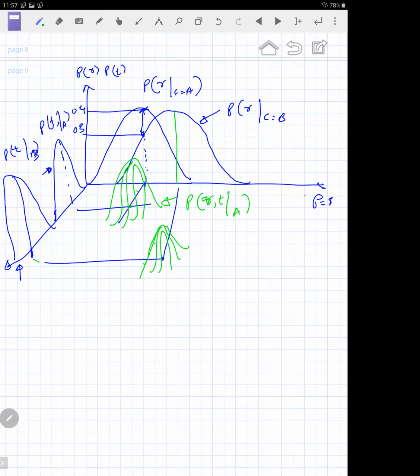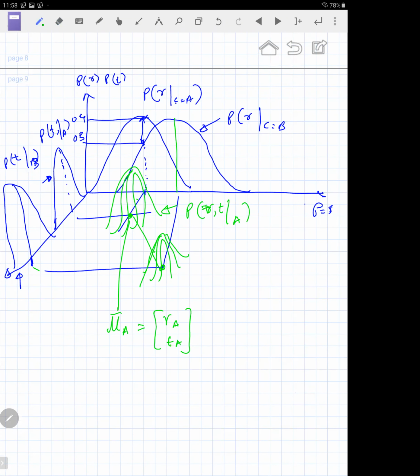In fact, if I draw a line between the centers of the two means, and remember, this was a vector representation, mu A bar, which was RA and TA, the vector of the average price and the average temperature in city A. And the same thing we can come up with here, mu B is equal to RB, TB, this vector.